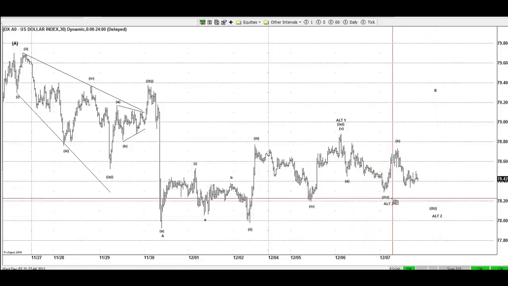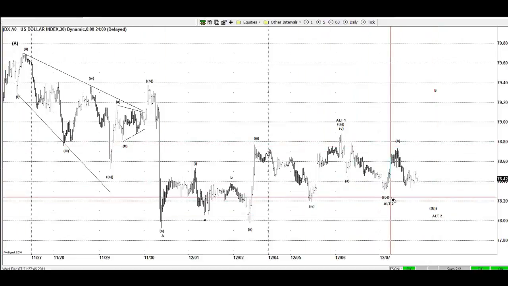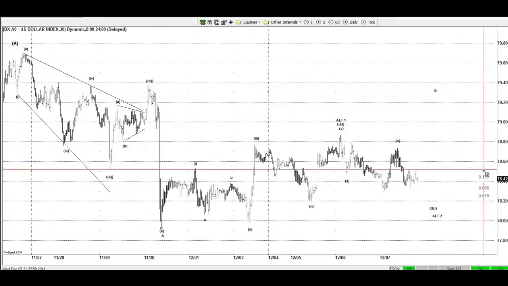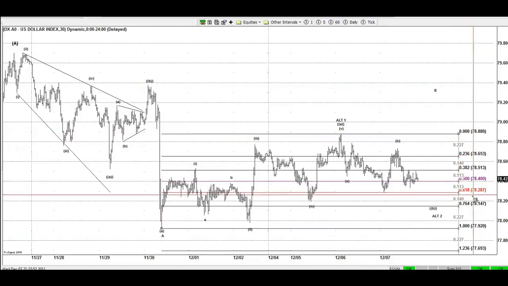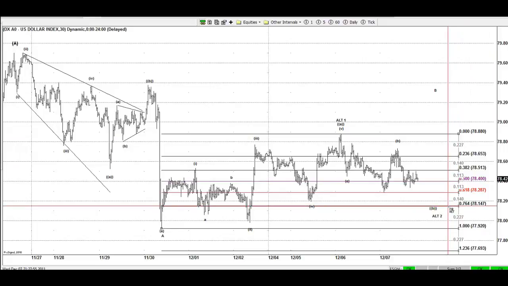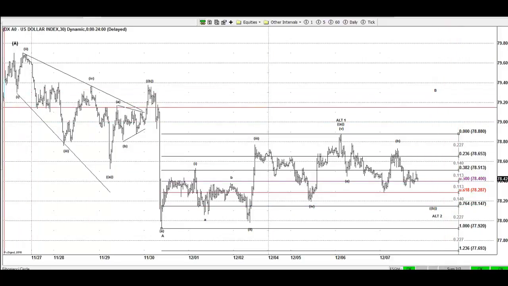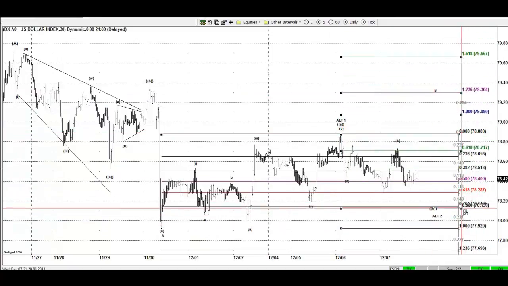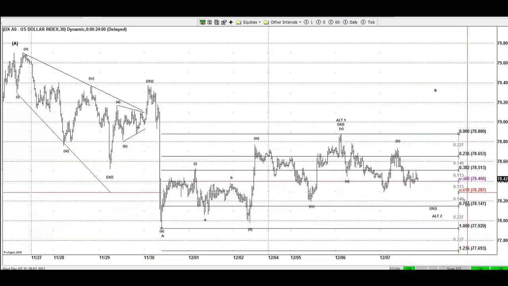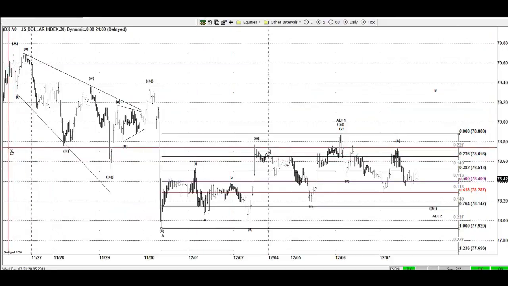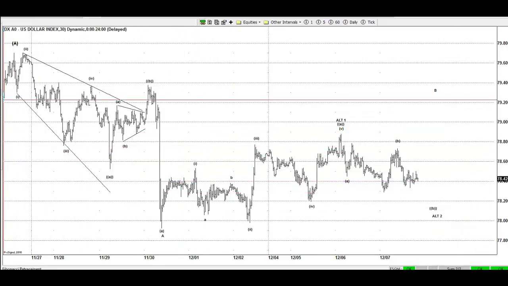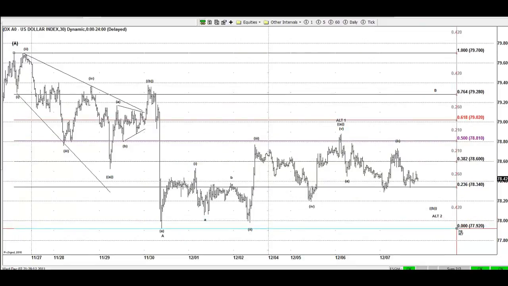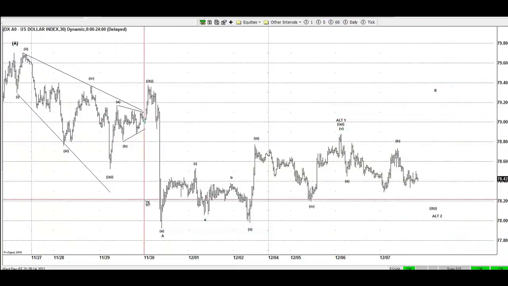In other words, another deep move or another round of selling, a small one in the dollar, to around 74.14, and then from there the dollar is going to bounce to 79, which is the equal leg, 79.10. That also happens to be the 618 of these 3 legs.